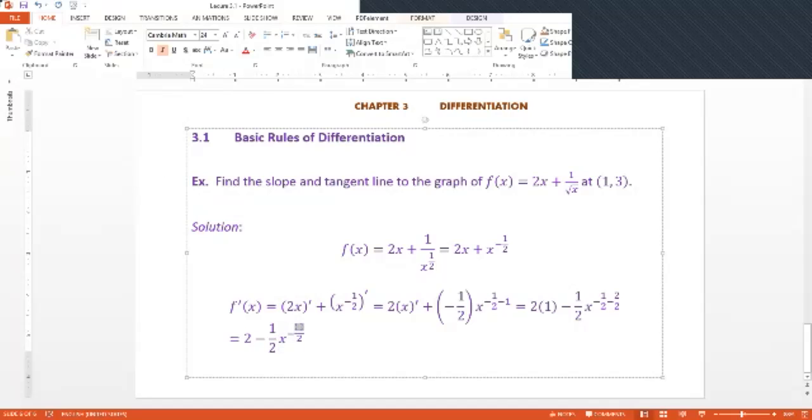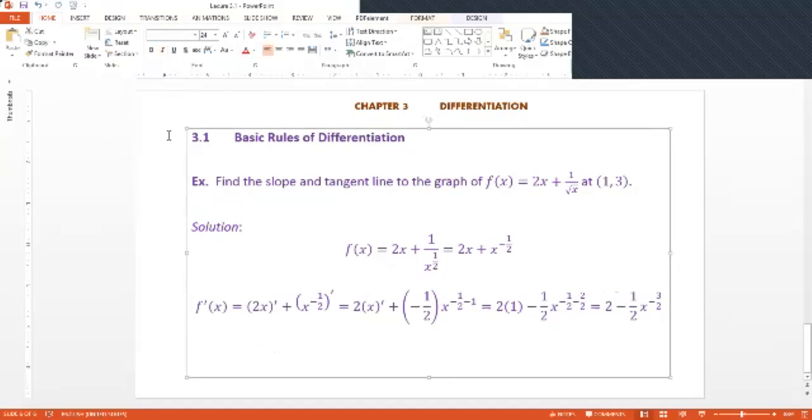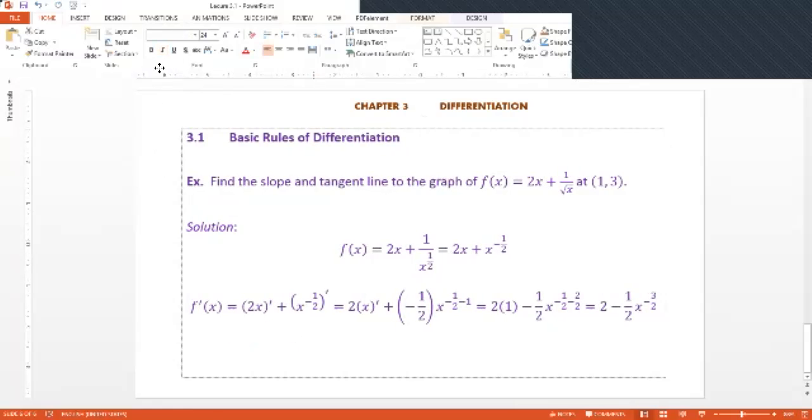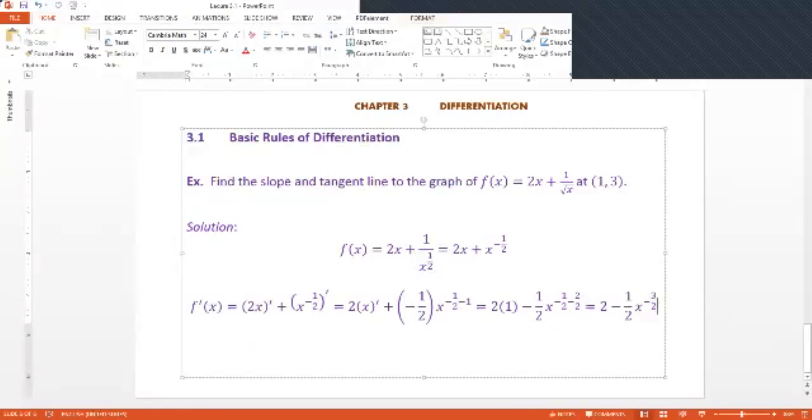Okay, so that's negative 3. Remember, it's not the 1 or negative 1. It's negative 3. Negative 1 minus 2 is negative 3. Okay, so that's the derivative, right?